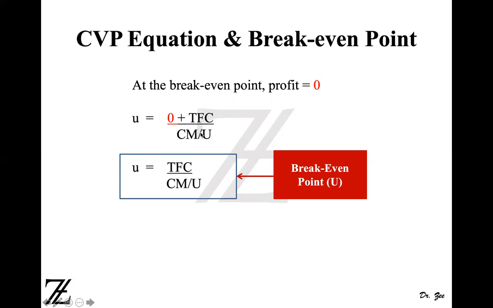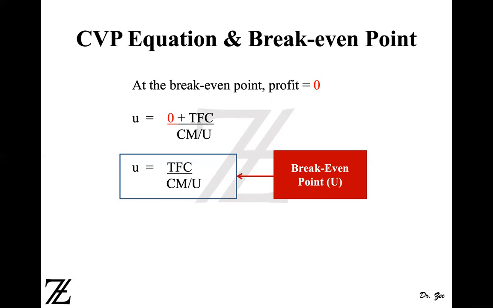So this is the break-even point in units. Break-even point in units is your total fixed cost divided by contribution margin per unit. Break-even point is the point where you make no profit, meaning you neither lose money nor make money. So this will give you how many units you have to sell in order to reach the break-even point in units.